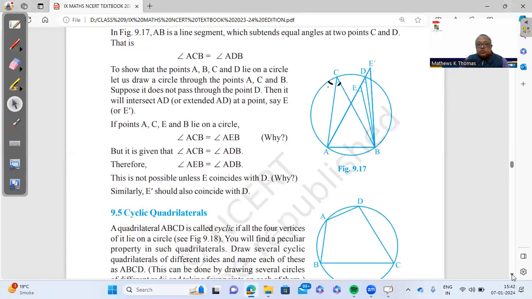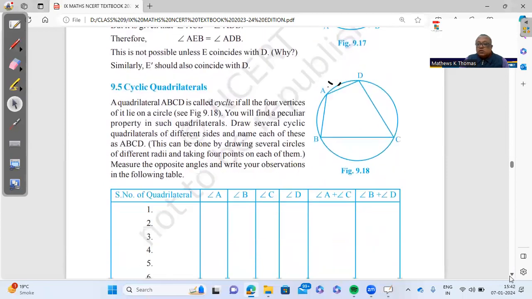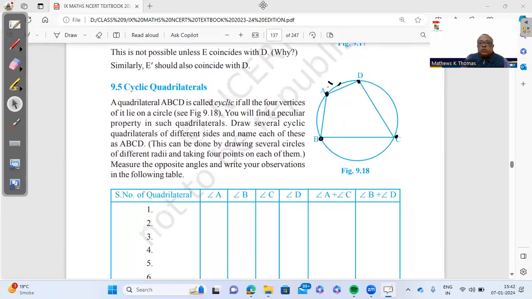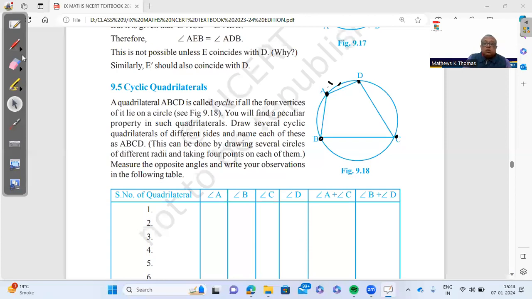Next, we come to the concept of cyclic quadrilaterals. Now, what is a cyclic quadrilateral? A cyclic quadrilateral is a four-sided figure. Look at this. 4 points on the circle. These are 4 points on the circle, A, B, C, D. If opposite angles add up to 180, this is cyclic.